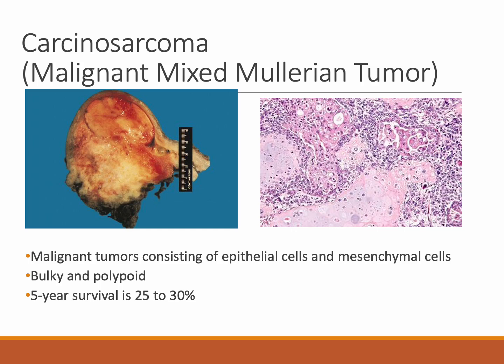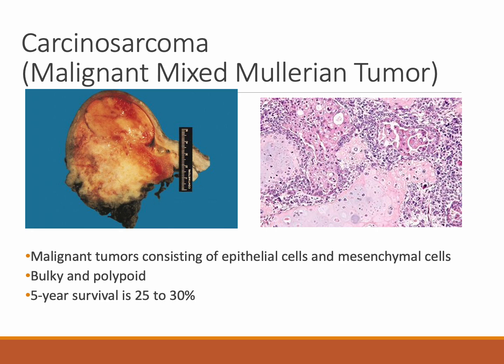Another fairly uncommon tumor is the carcinosarcoma, formerly known as the malignant mixed mullerian tumor, or MMMT. They don't really call it that anymore because it doesn't say anything. But if you notice the words here, carcino and sarcoma: carcino is usually an epithelial tumor, and sarcomas tend to be mesodermal tumors. So here's a tumor where you have mixed elements.